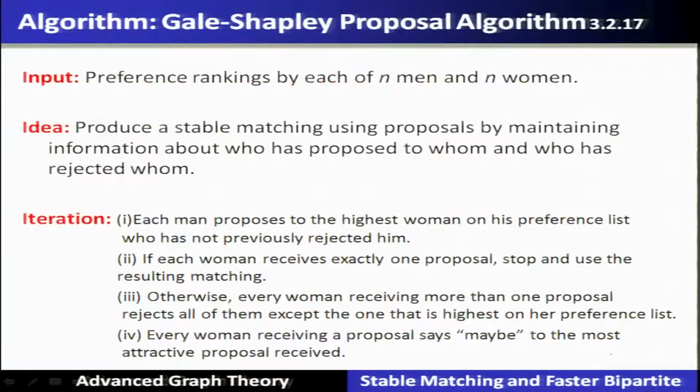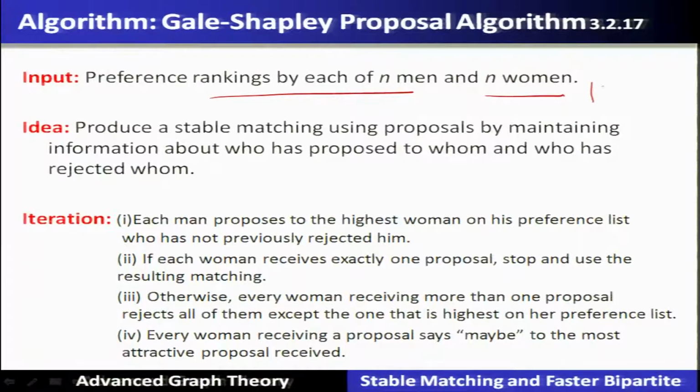We will see now the algorithm which is well known as the Gale-Shapley proposal algorithm, and which will give the stable matching as an output. The input of this algorithm is the preference ranking by each of n men and n women.